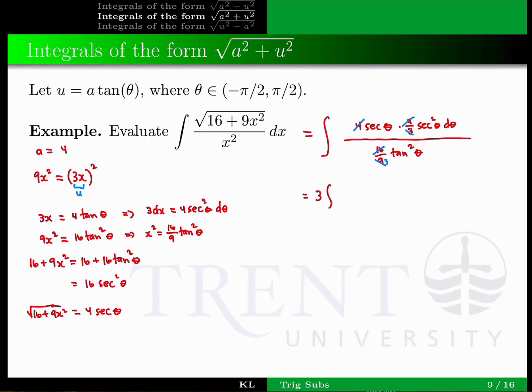Now you can combine secant theta and secant squared theta into secant cubed theta, but there is a tangent squared theta in the denominator. If you do that, the power of secant is odd, and the power of tangent will be even.